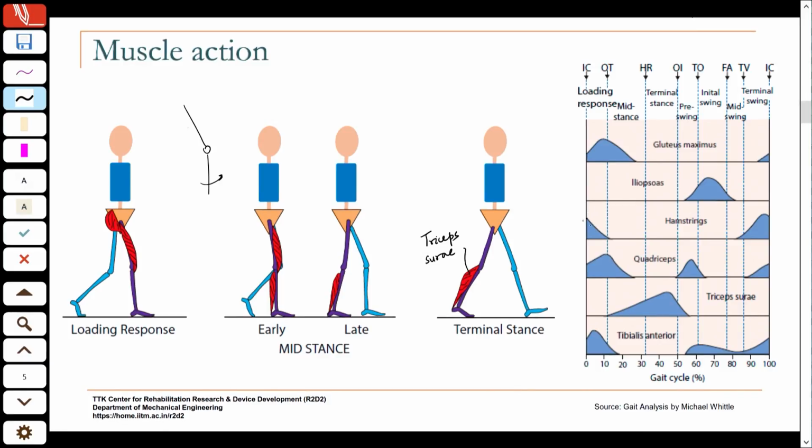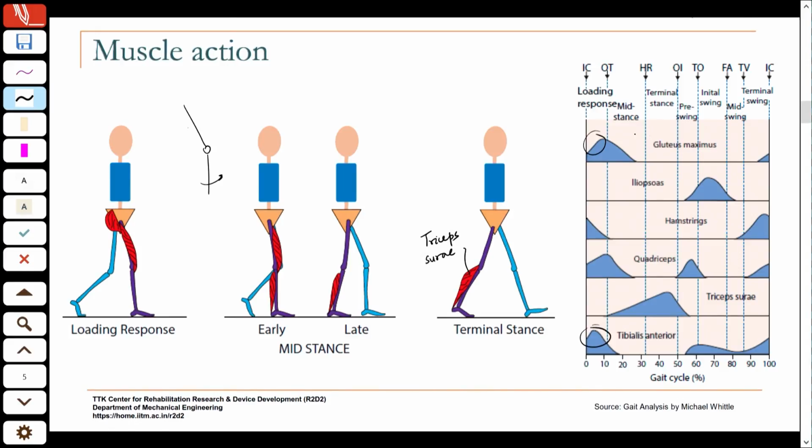The hamstring activity starts reducing once the foot makes contact, but you have high quadriceps activity to stabilize the knee, and then you also have high tibialis anterior activity in the loading response phase too, and then you have the hip extension also happening. So, the hip is moving towards extension, because it is in a flexed position, we saw that, and then you have hamstrings, etc.